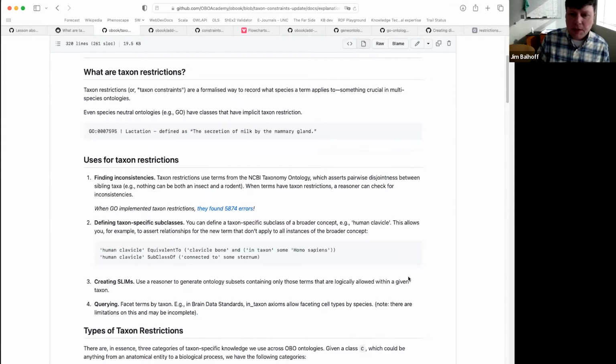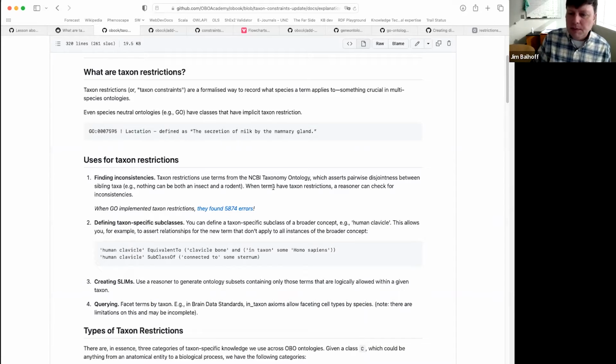And so what are some of the uses for taxon restrictions? Like I just said, one of them is finding inconsistencies. The way we use them in OBO, we use the NCBI taxonomy ontology and reference those terms in our taxon restriction statements.